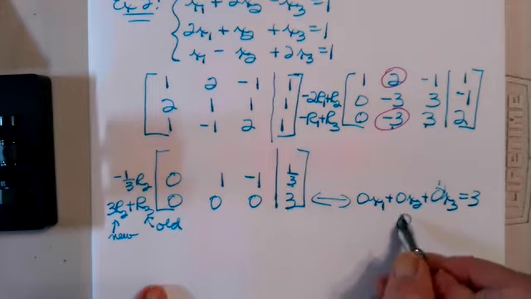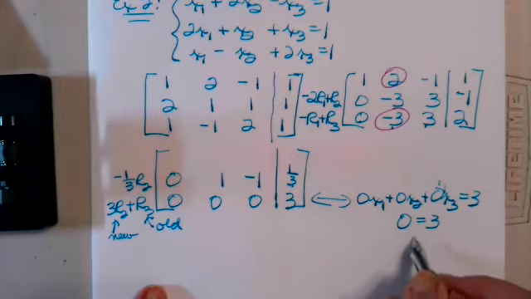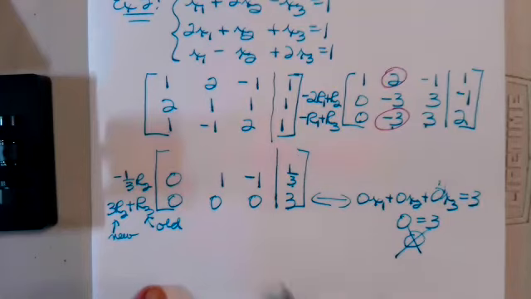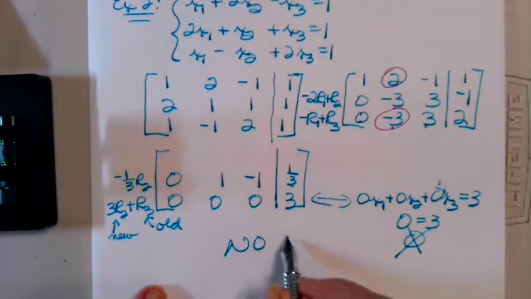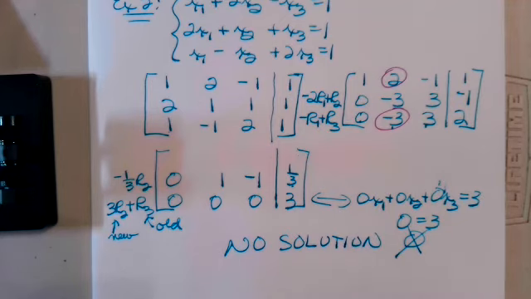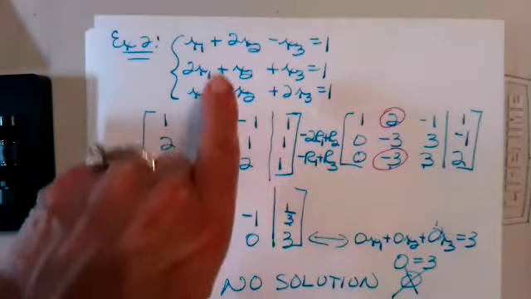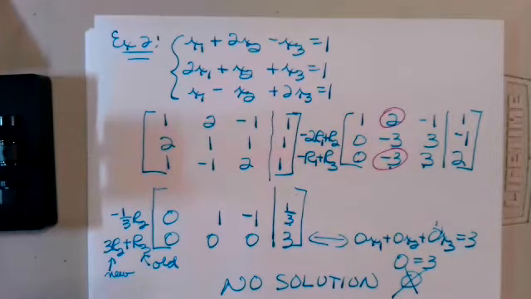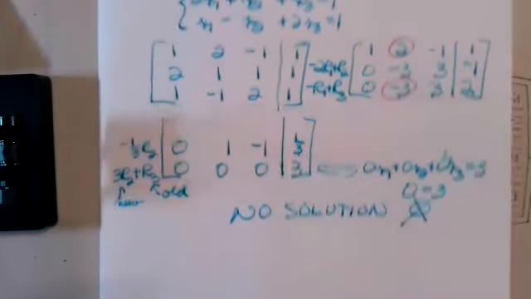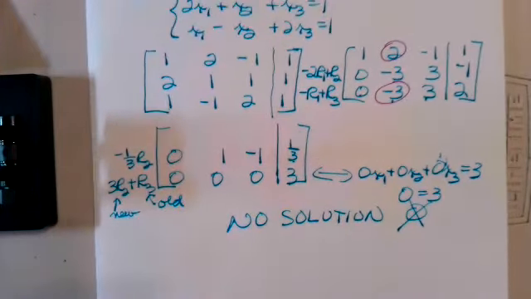In other words, this says 0 is equal to 3, and that's impossible. So what does impossible mean? Impossible means there's no solution. In other words, you could never find an x1, an x2, and an x3 that would satisfy those equations all at the same time. So this method throws in your face that there's no solution.